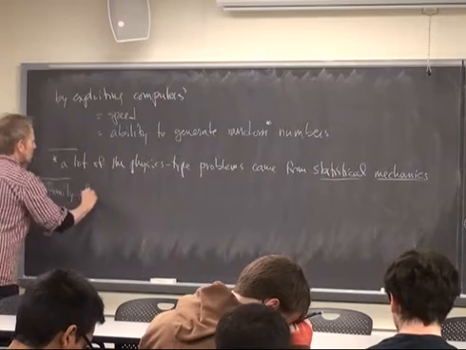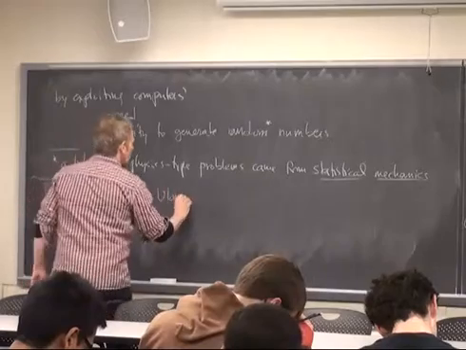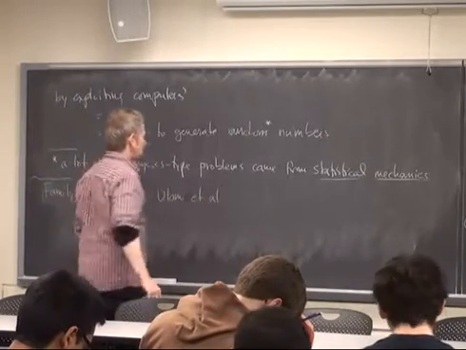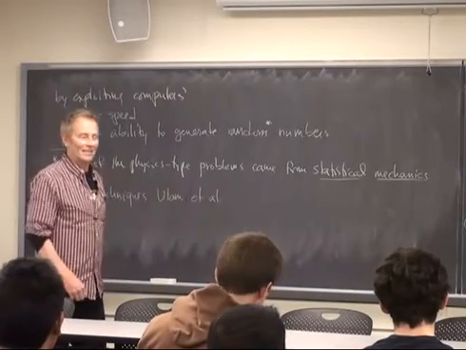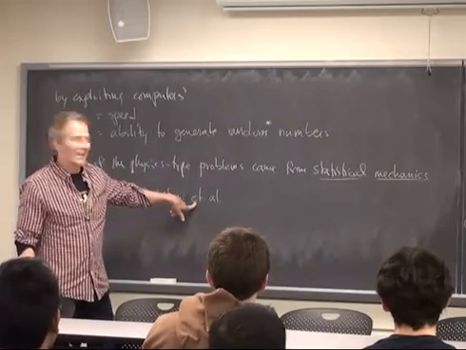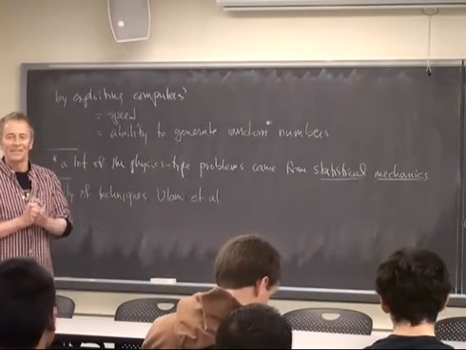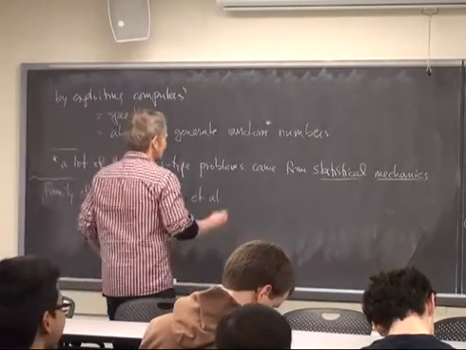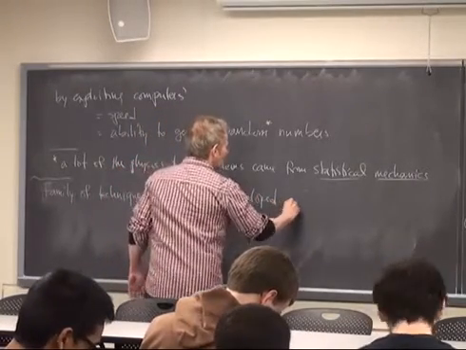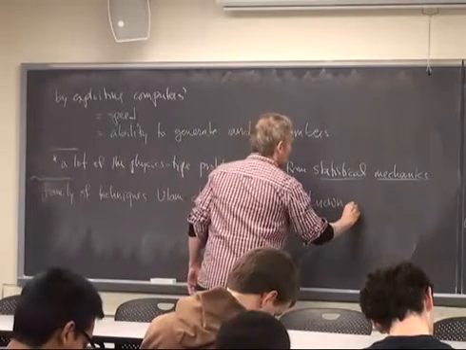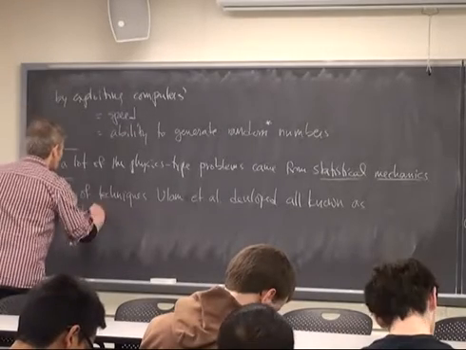The circle of methods that came out of Ulam and company, the family of techniques Ulam et al. developed, are all known, roughly speaking, as Monte Carlo methods of various kinds.